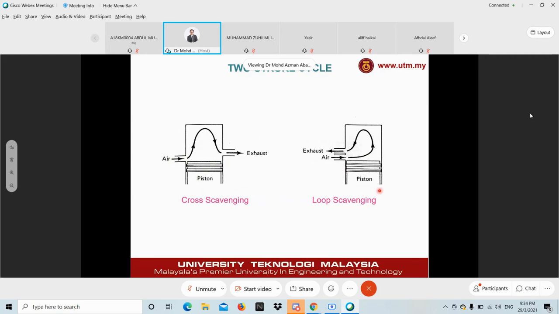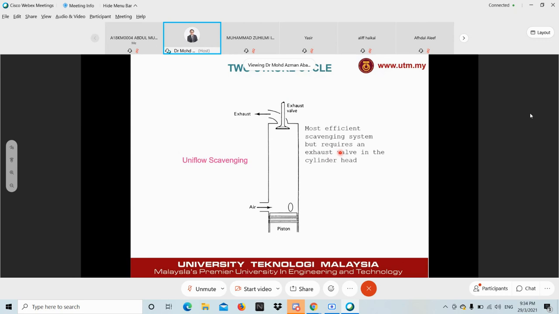Another type is loop scavenging, where the exhaust and air intake ports are close together, and the movement of air into the cylinder and the expelling of burned gases is controlled by the movement of the piston itself.